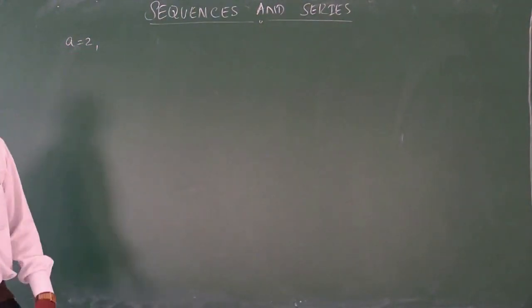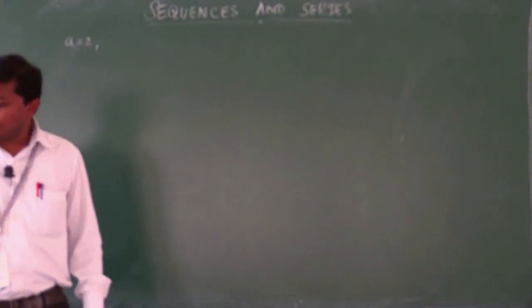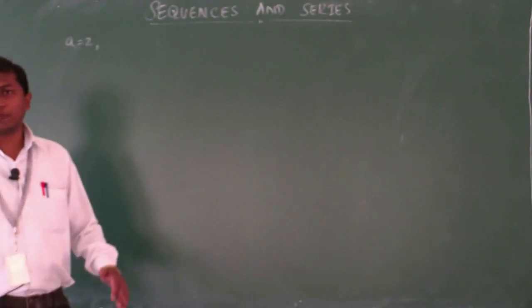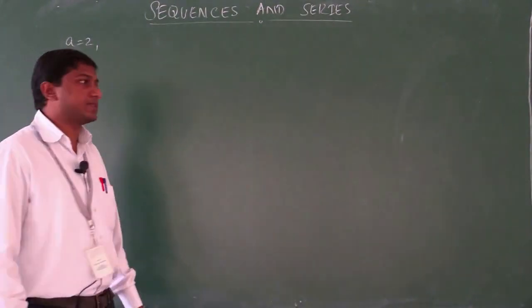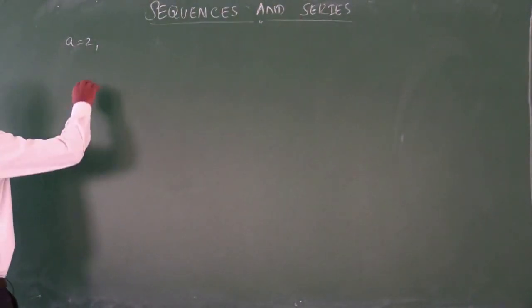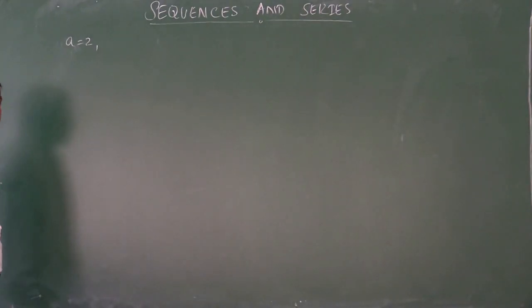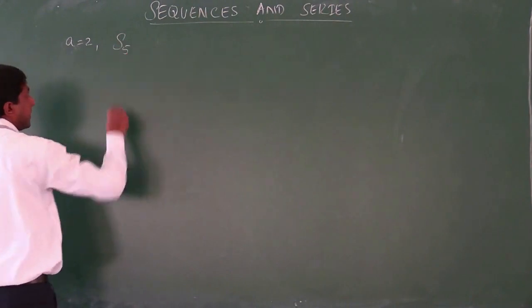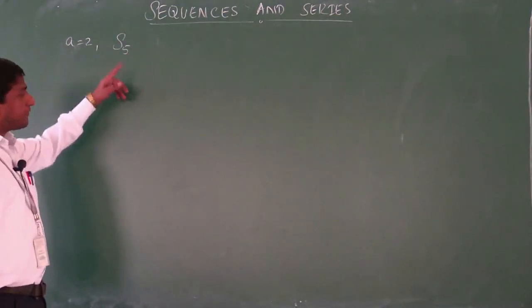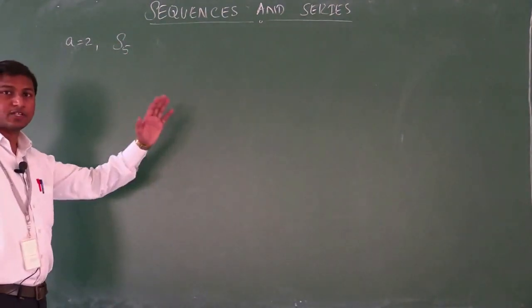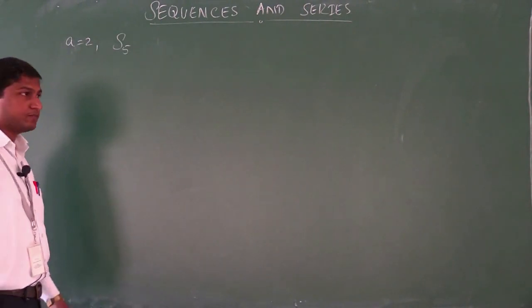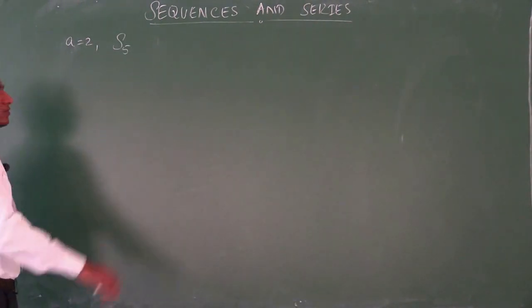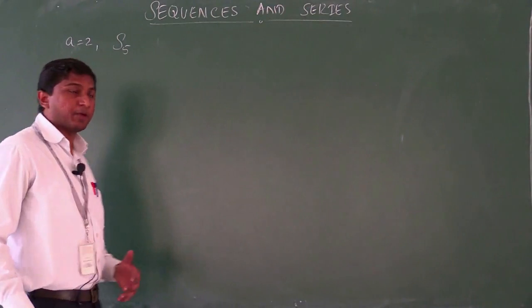Then what else is given there? Sum of first 5 terms is 1/4 of next 5 terms. Now how can we write the sum of first 5 terms of an AP? I can denote it by S5. S5 is nothing but a plus a2 plus a3 plus a4 plus a5. How can I denote the next 5 terms of an AP?